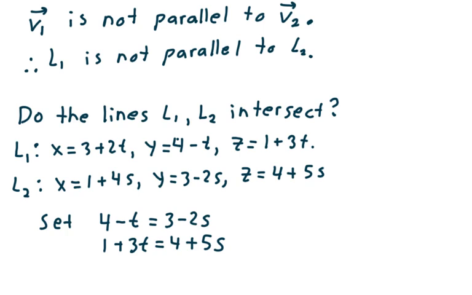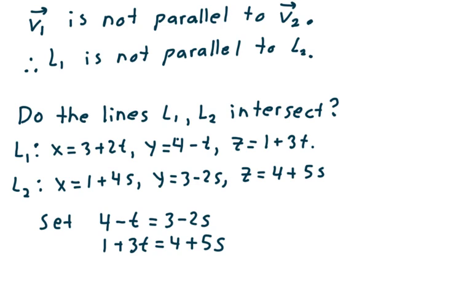Okay. Now, let's remind ourselves what L1 and L2 are. L1 is given by the parametric equations x equals 3 plus 2t, y equals 4 minus t, and z equals 1 plus 3t.